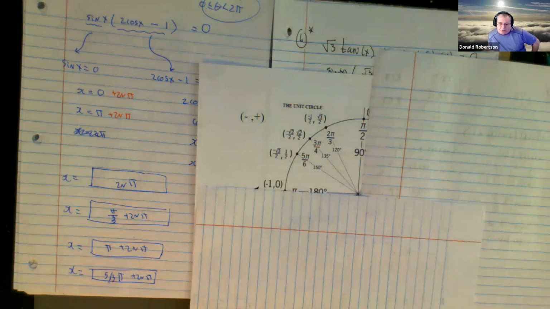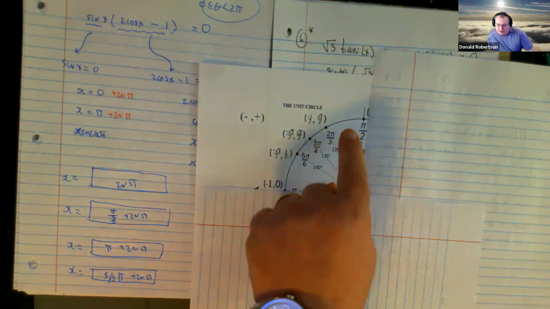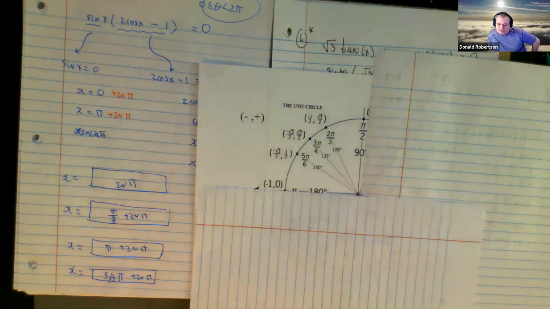Now, I want to take the y coordinate and divide it by the x coordinate and get a 1 on the top and a root 3 in the bottom, right? That's our goal. 1 on the top, root 3 in the bottom. There's your candidates. Which one of those gets you a 1 on the top and a square root of 3 in the bottom? And remember, y is the top, right?